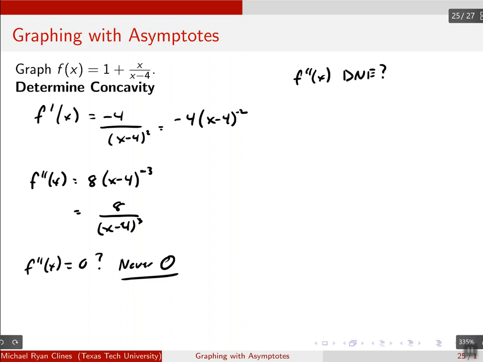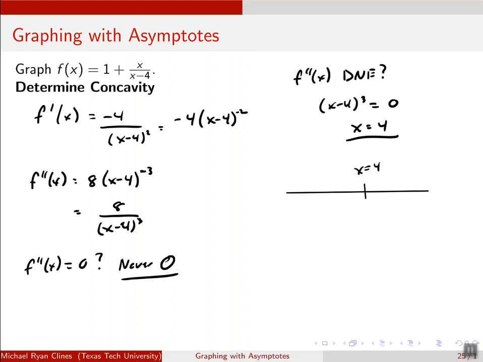Where do we have a discontinuity? Well, we have a discontinuity when x minus 4 cubed is equal to 0, or when x is equal to 4. Noticing a pattern here. So at x is equal to 4, we have our discontinuity, our jump. So if it's going to change concavity, at x is equal to 4, that's where it's going to happen. So at x is equal to 4, there is no concavity.